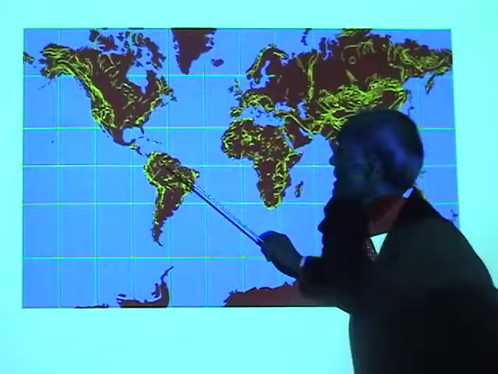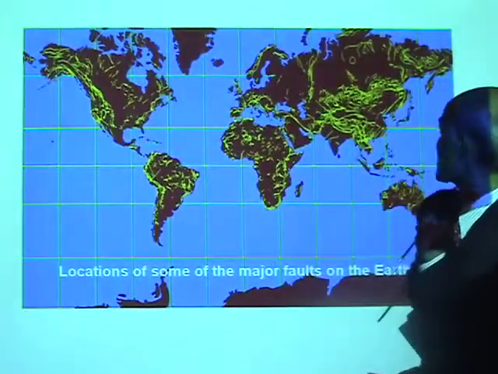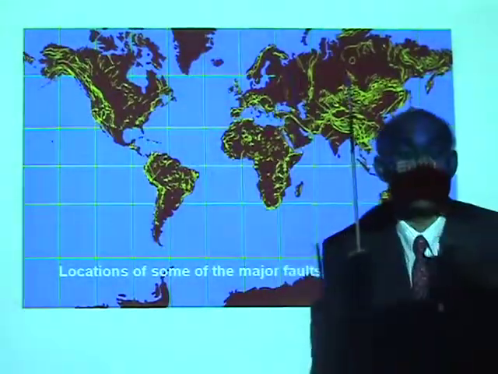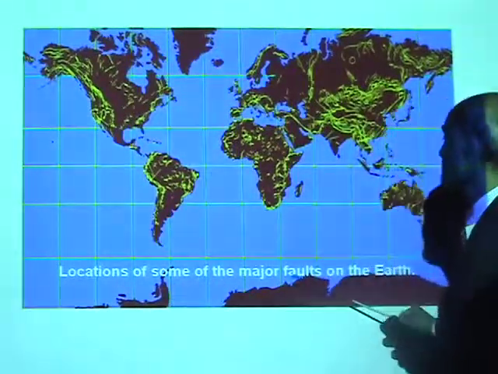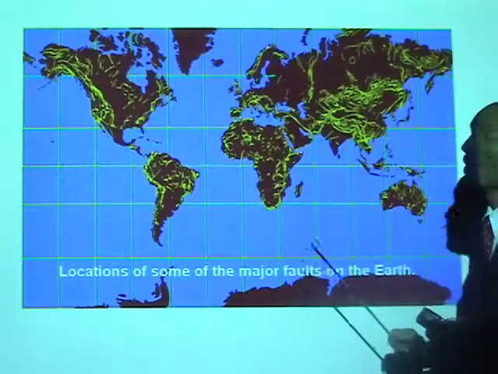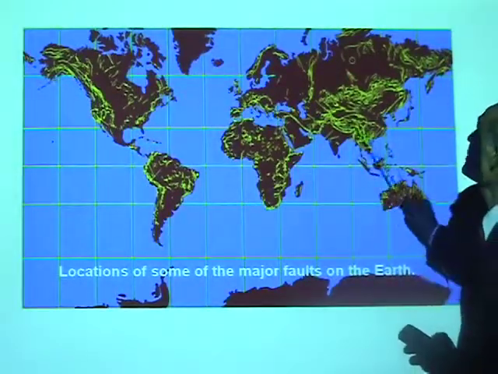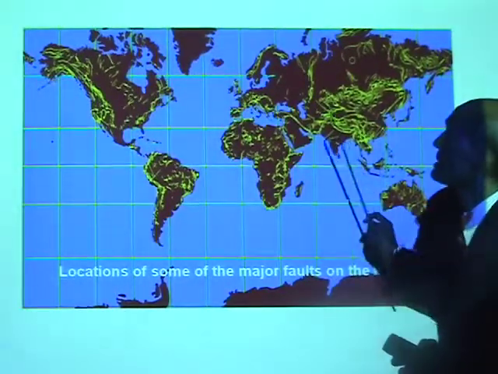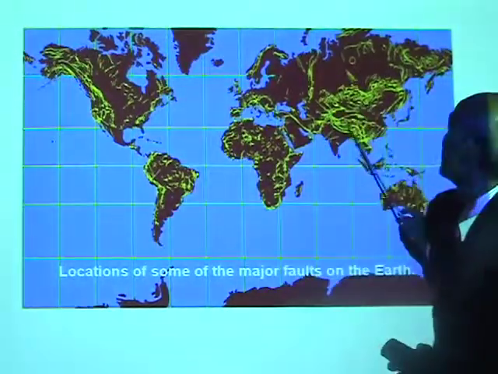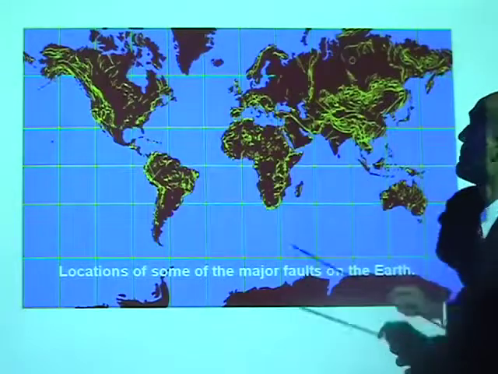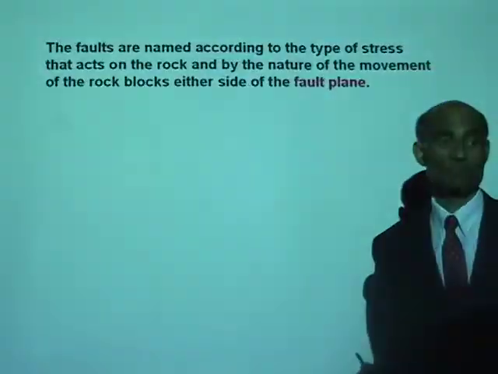Earthquake regions are good examples of faults, where faults are formed on the rock. So these are locations of some of the major faults on the surface of the earth, and most of it is found in the mountainous areas. Over here, about the Andes, about the Himalayas, all these are mountainous areas.